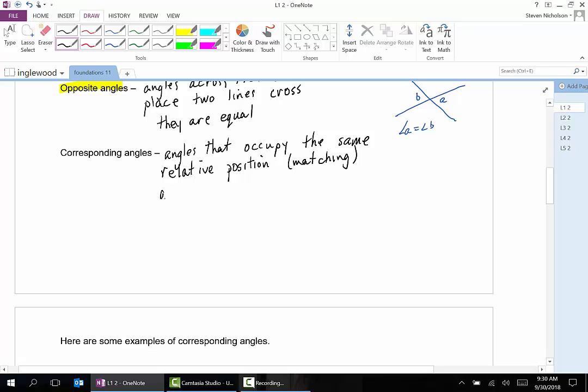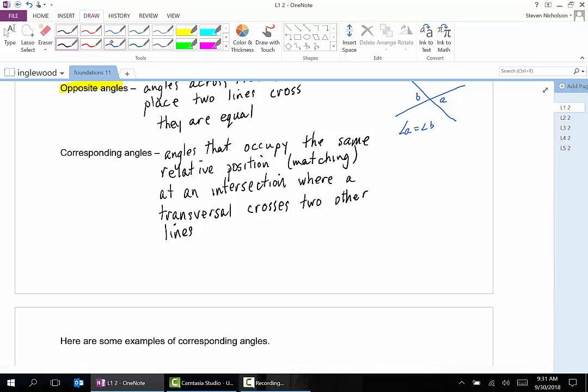At an intersection where the transversal crosses two other lines.